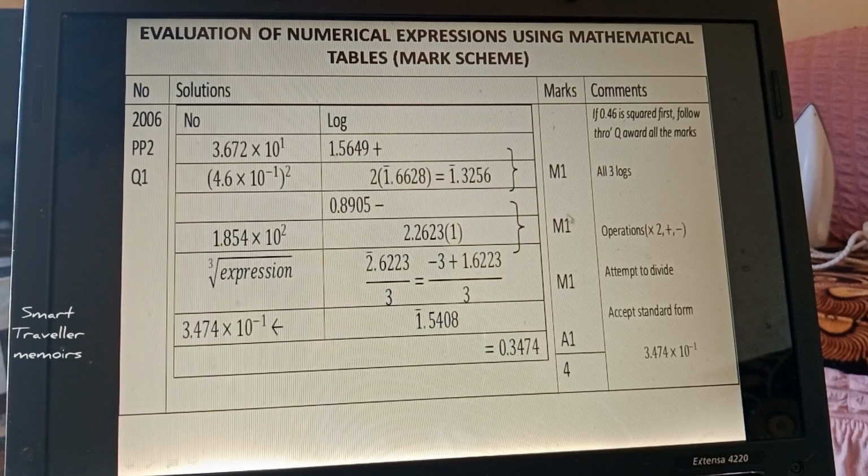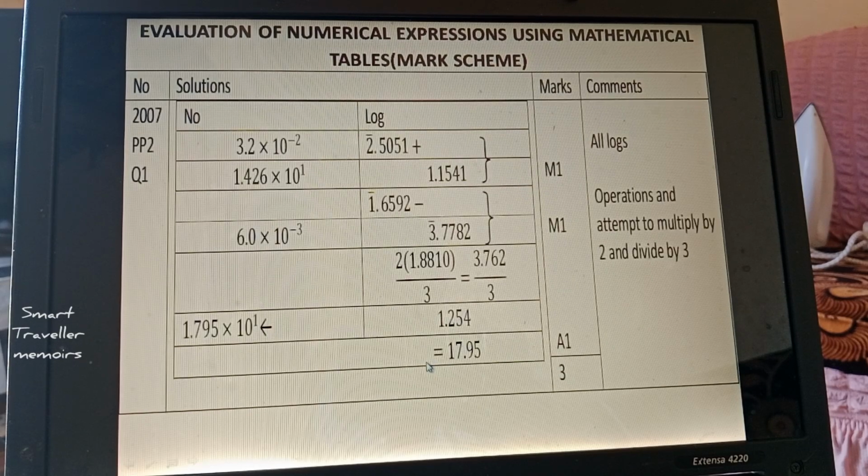And this is the way the marking is distributed. For 2007, similar things. All logs, you are giving a mark. Method: operations and attempt to multiply by 2 and divide by 3, another mark. And then the answer, 17.95, you also get a mark.